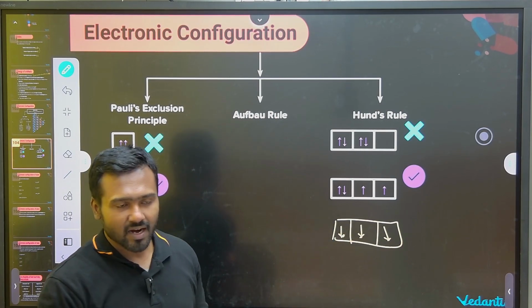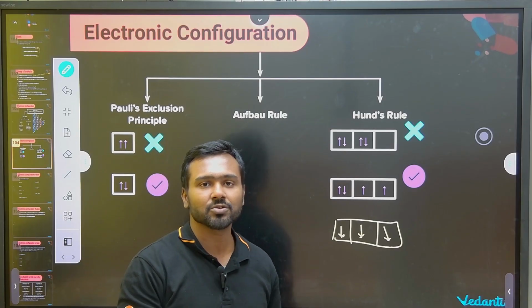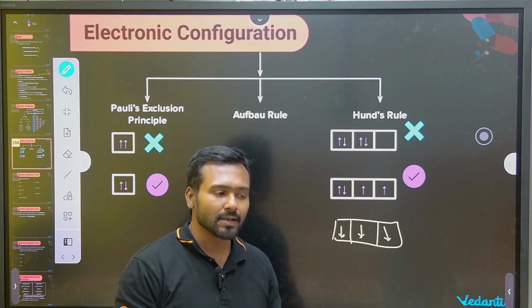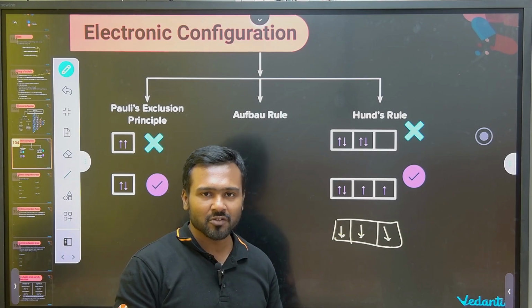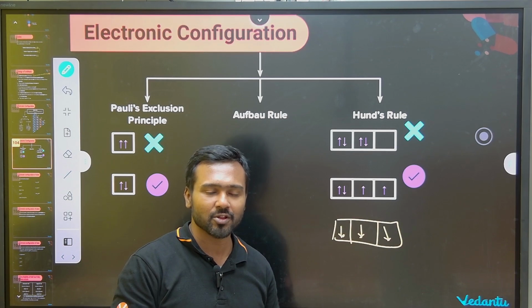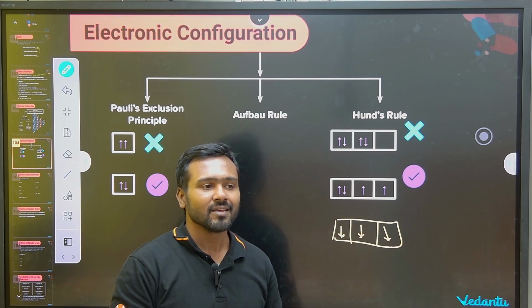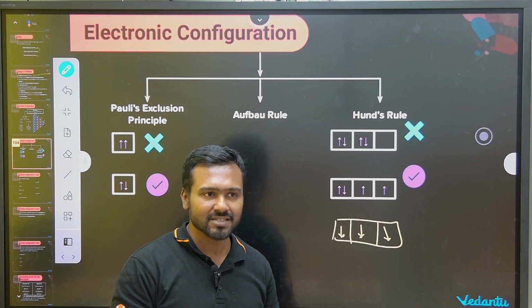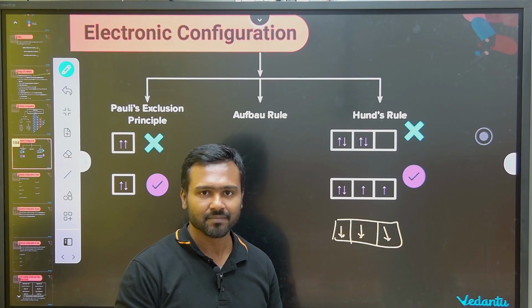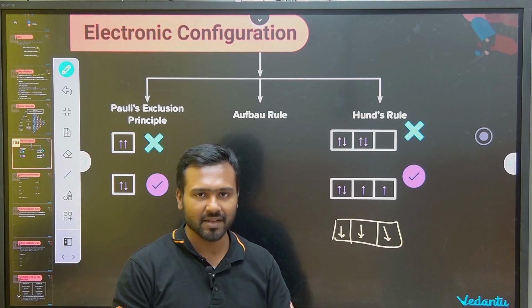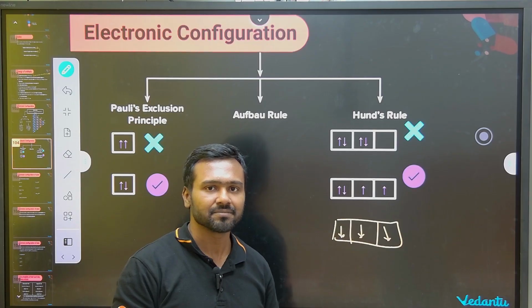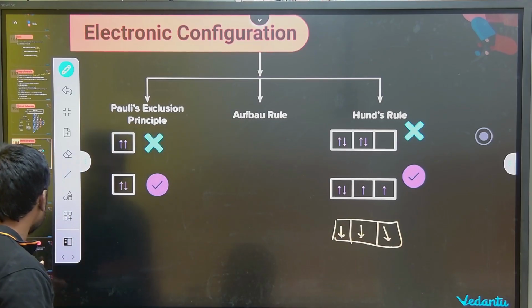Is this correct according to Hund's rule? That is also correct. There is no rule that you have to fill with only an upward arrow, that means positive spin. He said that you have to fill all the degenerate orbitals with the same spin. Then you have to start pairing. Right? Hund's rule. Next one.